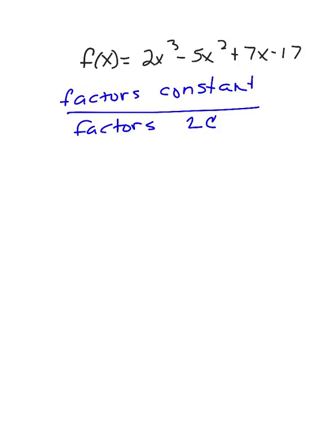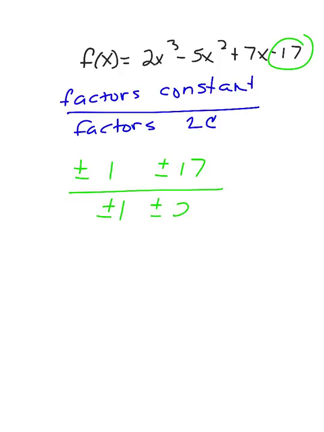My constant is 17, so it's plus minus 1 and plus minus 17, since 17 is prime. Over the factors of the leading coefficient, which is 2, so it's plus minus 1 and plus minus 2.